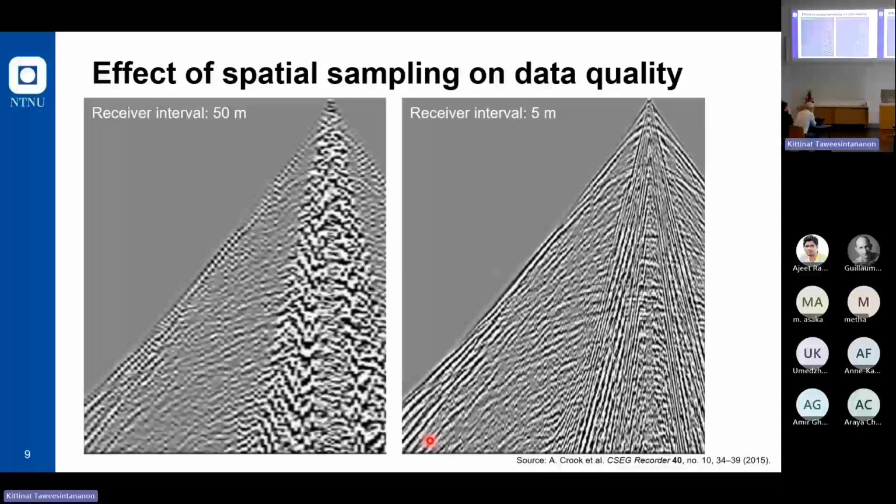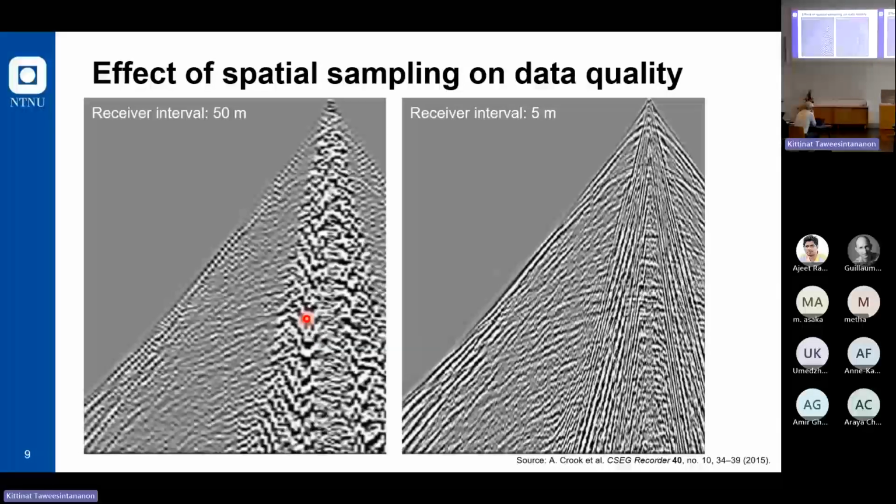The first thing is the issue of spatial sampling. Normally, if we have nodes or a sparse receiver geometry, for example a receiver interval as sparse as 50 meters, your seismic record will look like this, and you can see a spatial aliasing problem, especially for ground roll, for example in a land seismic survey, and you cannot determine the dip of this event clearly.